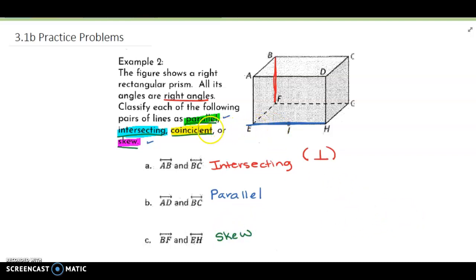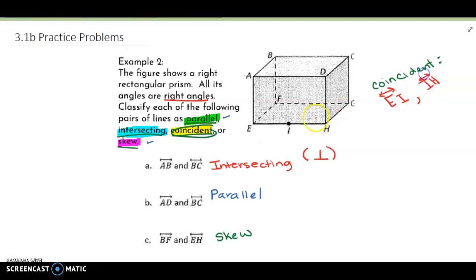Now I know we didn't do an example of coincident, so I'm going to give you an example. An example of some coincident lines, let me erase these, would be lines EI, and we're going all the way through, and IH.